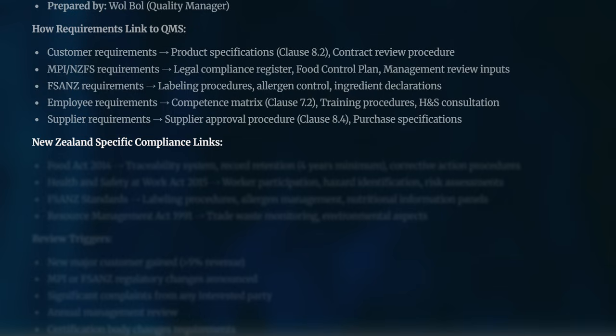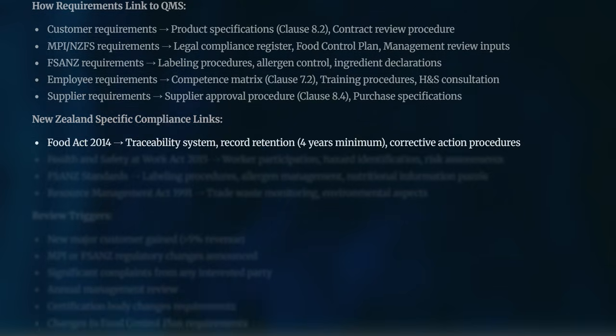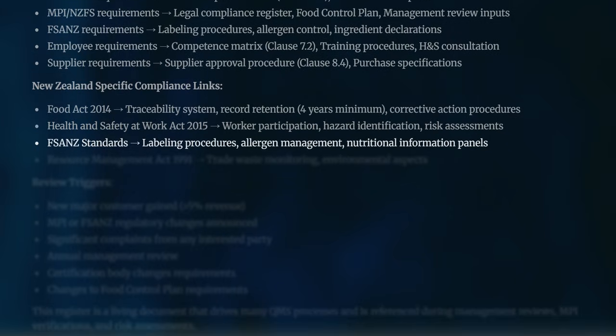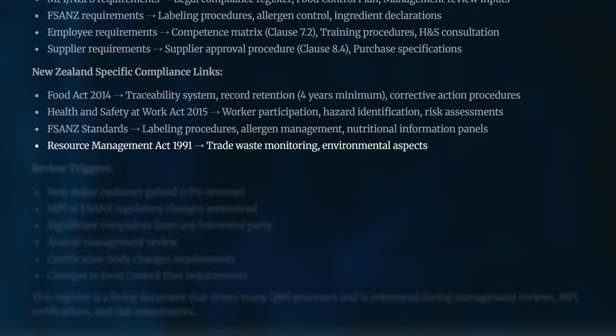Now, in our exemplar company, New Zealand specific compliance link, we have Food Act 2014 through traceability system and record retention for the minimum of 4 years and corrective action procedures; for Health and Safety at Work Act 2015 through workers' participation and hazard identification and risk assessment; for FSA&Z standards through labeling procedures, allergen management, and nutritional information panels; and for the Resource Management Act of 1991 through trade waste monitoring and environmental aspects. So that's how you link your local regulations with the interested parties' requirements and put specifically how you are linking them.